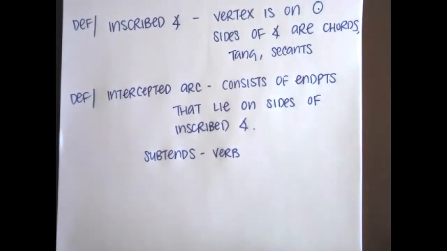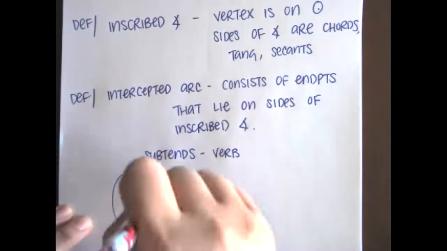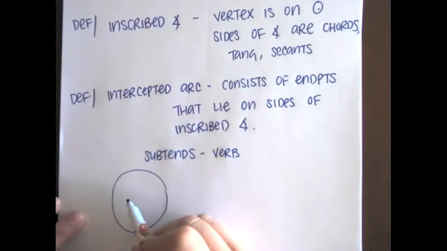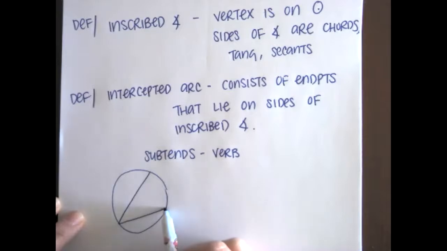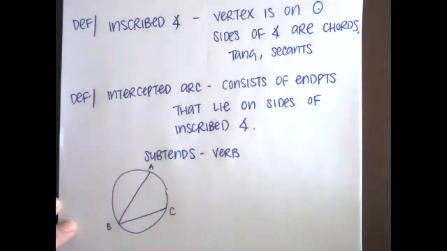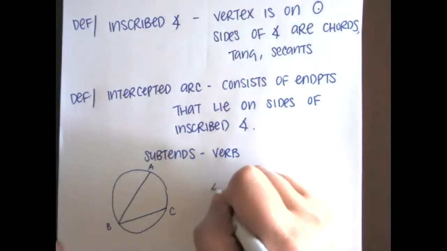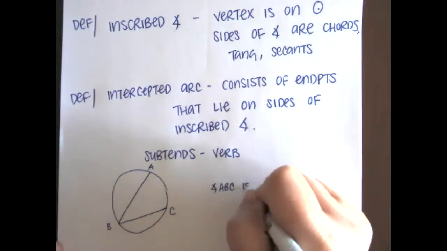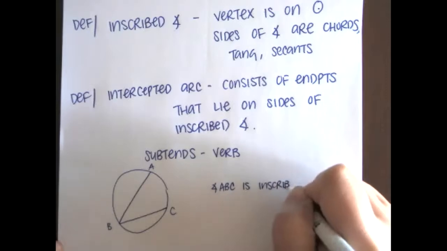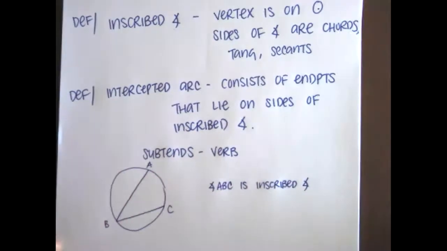So let's sketch this out. We have a circle. We'll call this A, B, C. So angle ABC is an inscribed angle because the vertex is located on the circle.